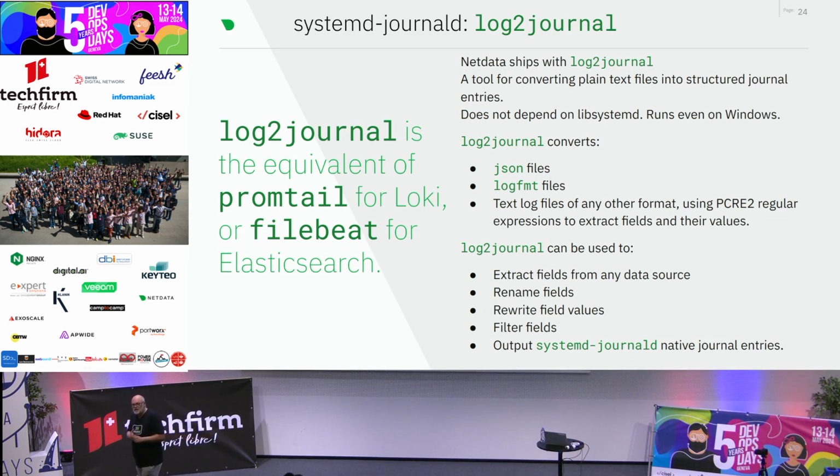You don't need to do anything. If it is a plain text file, whatever, unstructured, structured, doesn't matter, you have regular expressions where you can extract the fields that you are interested in. Once fields are extracted, we go through a rewriting process, filtering, and then we output everything to systemd journal.